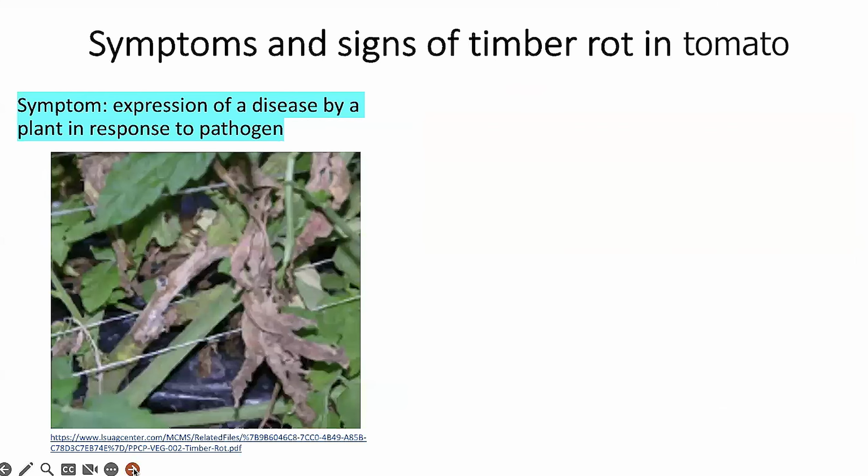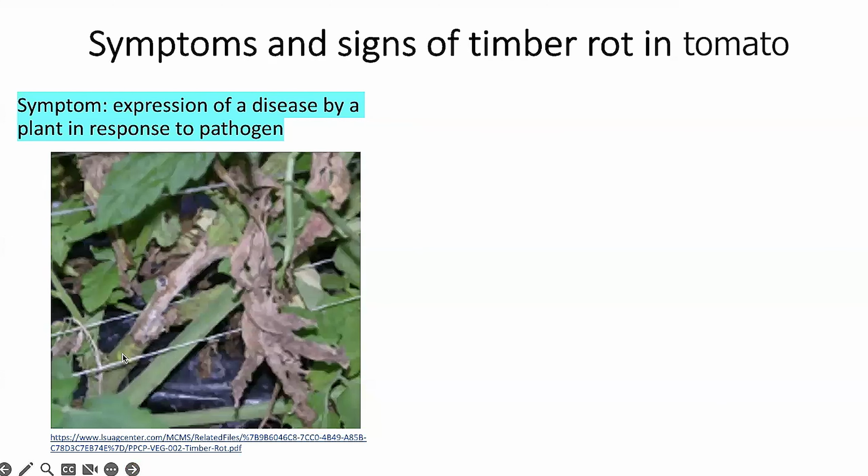And so, symptoms and signs of timber rot in tomato. A symptom will refer to the expression of a disease by a plant in response to a pathogen. And so you notice a change in your plant appearance compared to a healthy, normal plant. The image on the left is just showing symptoms.